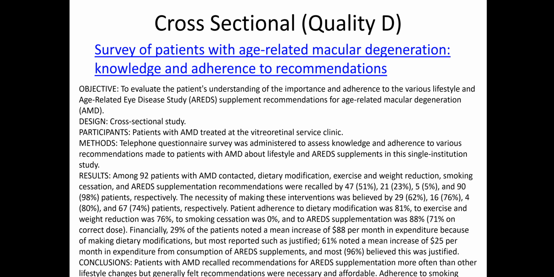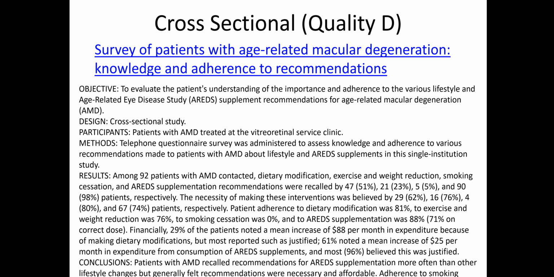And here's a cross-sectional study where they surveyed patients with macular degeneration, and they asked them questions about their lifestyle and ARED supplements and what they found. Patients with AMD recalled the recommendations of ARED supplementation, knowing that they should take antioxidants more often than other lifestyle changes.